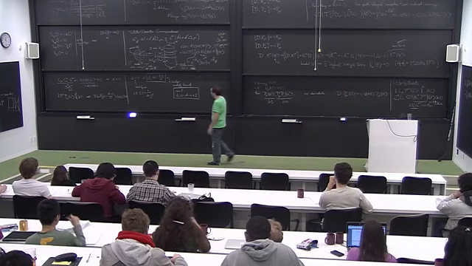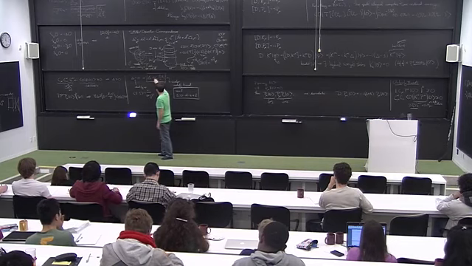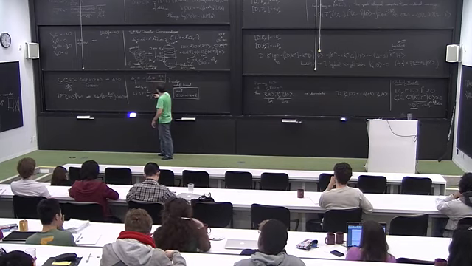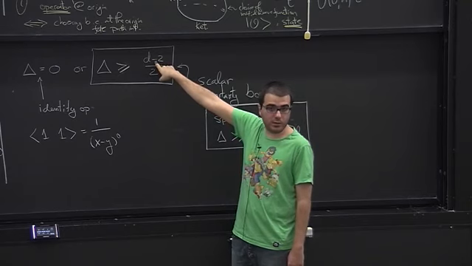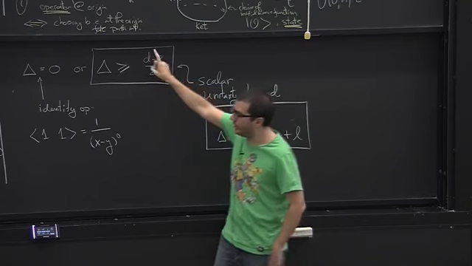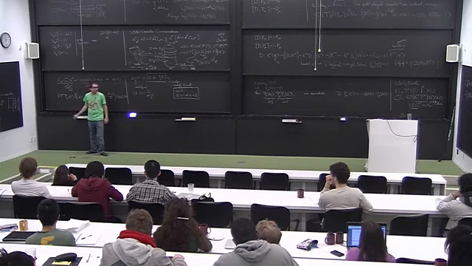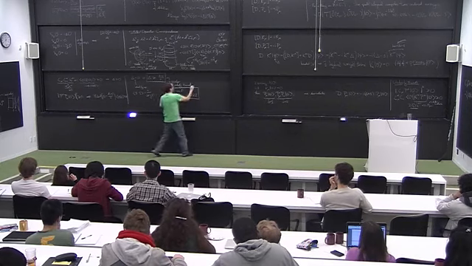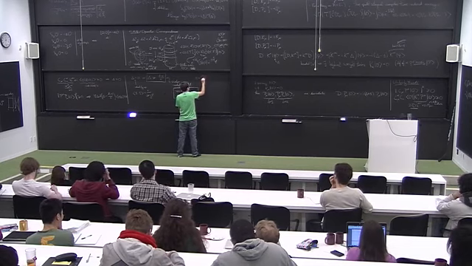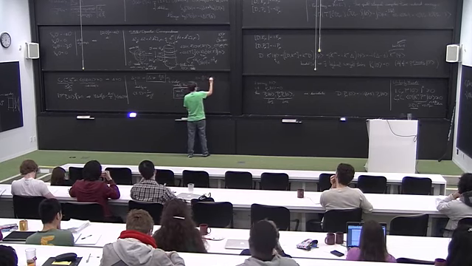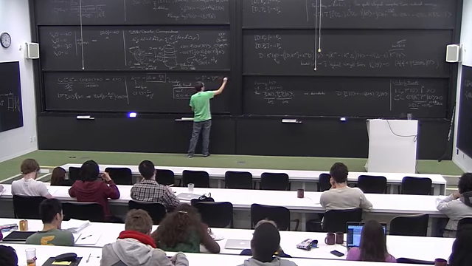And you also see that if delta saturates the bound, if delta is equal to d minus 2, it means that the norm is 0, so it means that P mu O equal to 0.